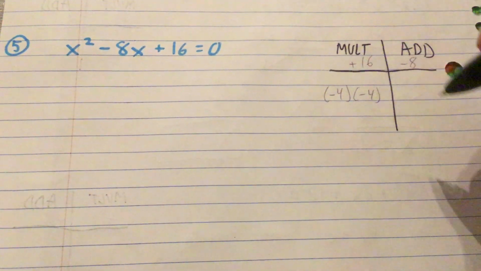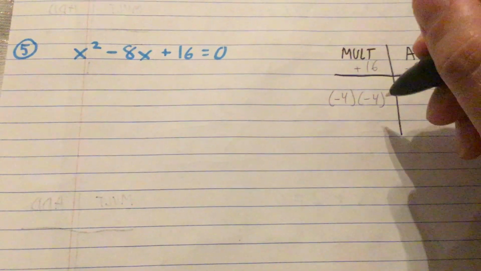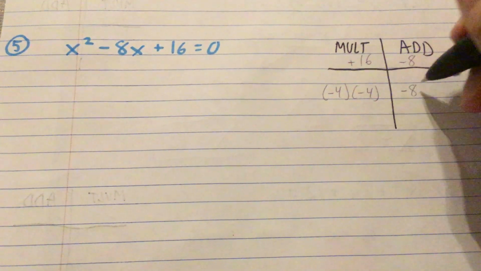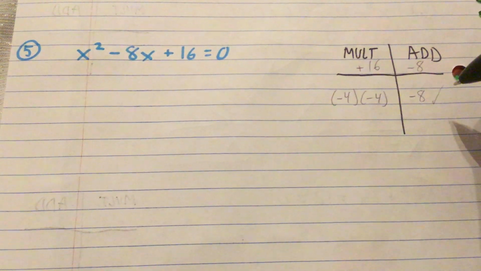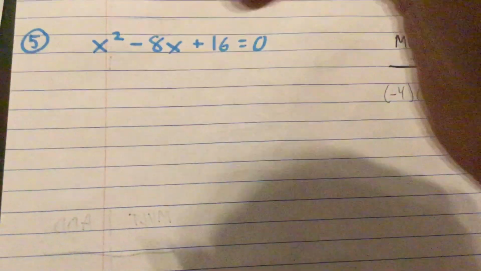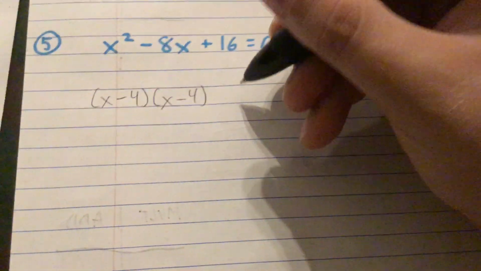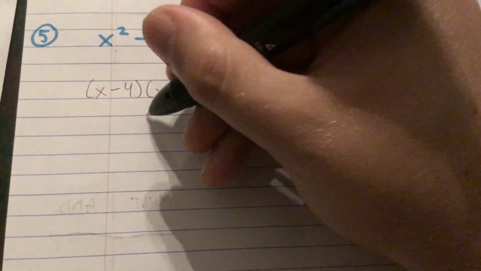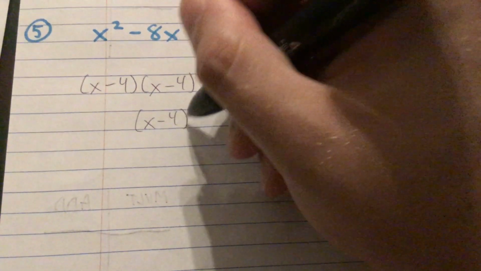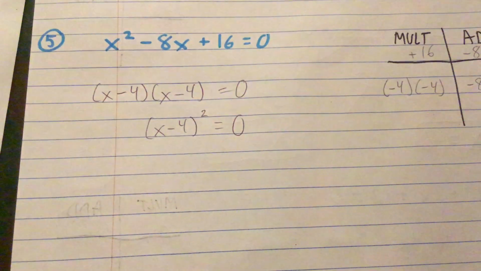Negative 4 times negative 4 is positive 16. Negative 4 plus negative 4 is negative 8. And that's our winning team. And now this factors into x minus 4 times x minus 4 is equal to 0. Since they're the same thing, we might as well combine them into x minus 4 quantity squared is equal to 0.